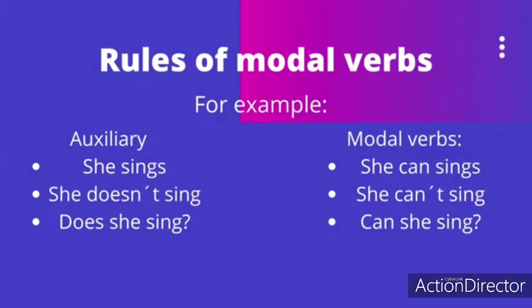For example, the positive form she thinks, negative she doesn't think, interrogative does she sing? Well, with modal verbs it will be like this. She can sing, she can't sing, can she sing? Something more summarized and easy to express.